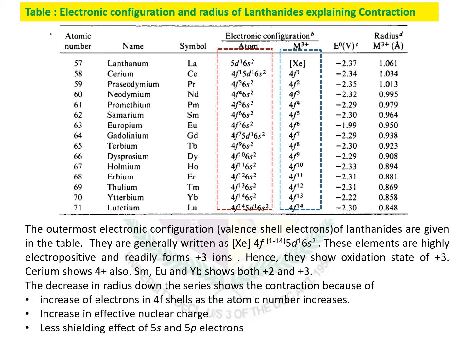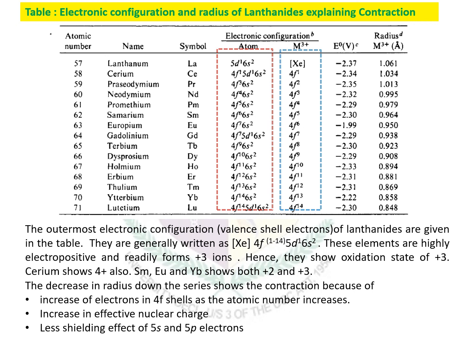So when we see the atoms in the +3 oxidation states, the ionic radius decreases gradually, and at lutetium it reaches 0.848 Angstrom units. So we can very well see that there is a decrease in the ionic radius. This kind of decrease is what we call lanthanide contraction.